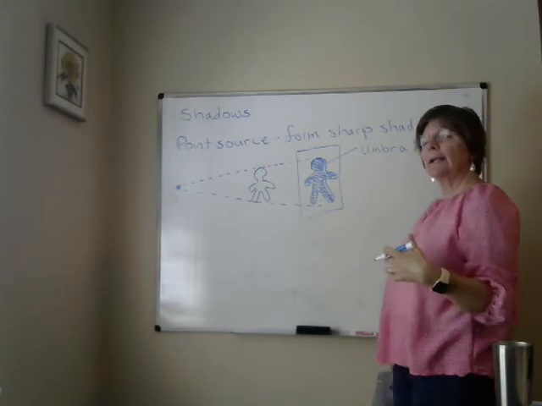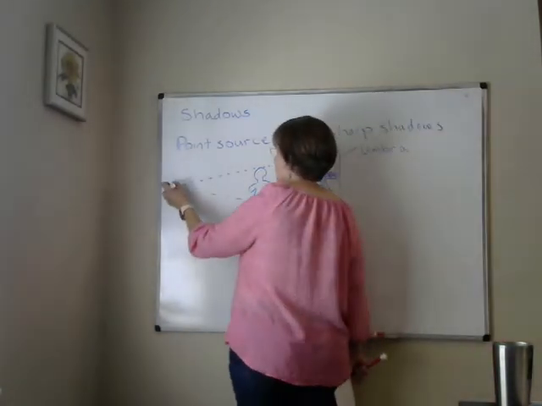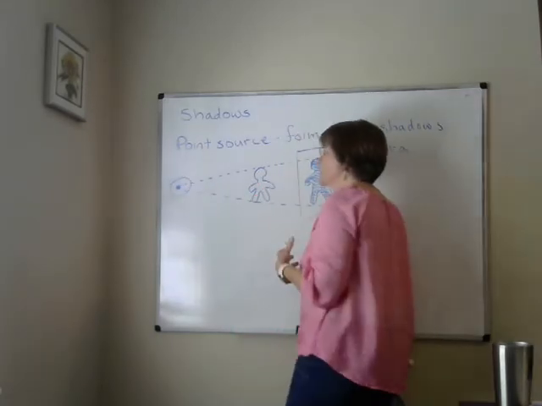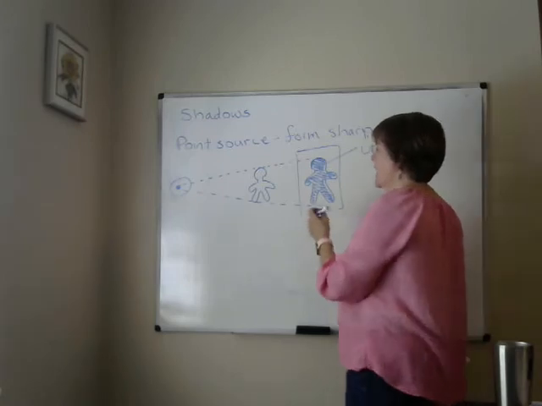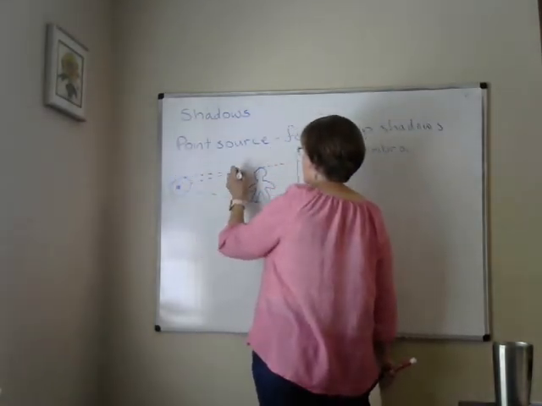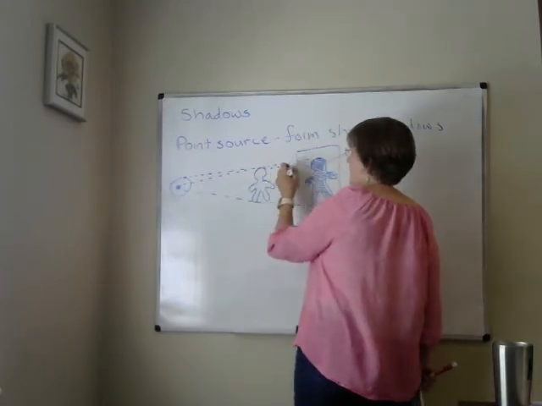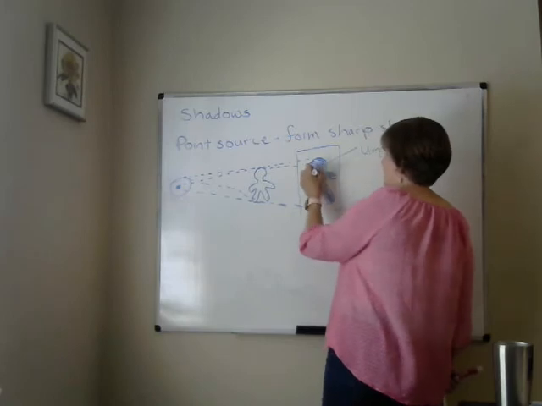Now, if you have a big source of light, a big source of light acts like a lot of little point sources. So what happens is light from this point makes a shadow that looks like this. And we get a slightly different shadow.